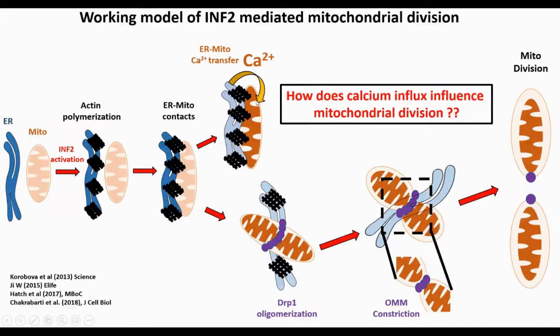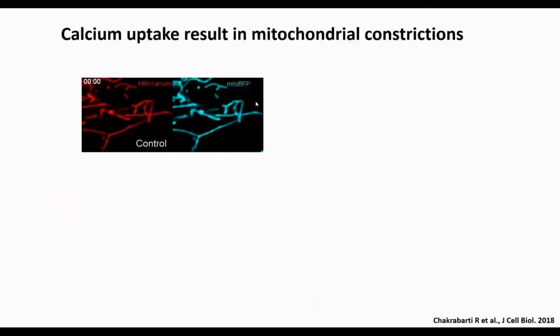So now that we know that this calcium transfer is required for mitochondrial division, the apparent question was, how does calcium influence mitochondrial division? To answer that, we did some close imaging on the Dragonfly, and these are all done on the Dragonfly scope.